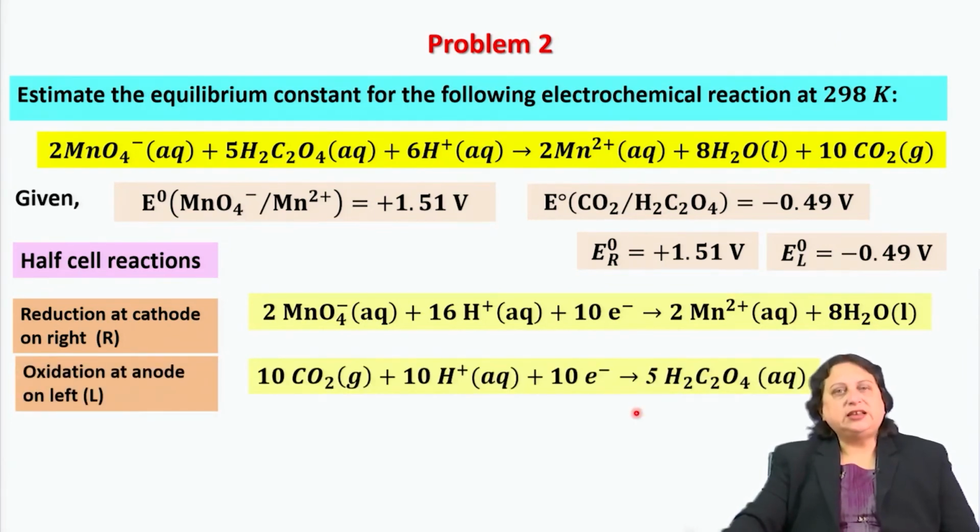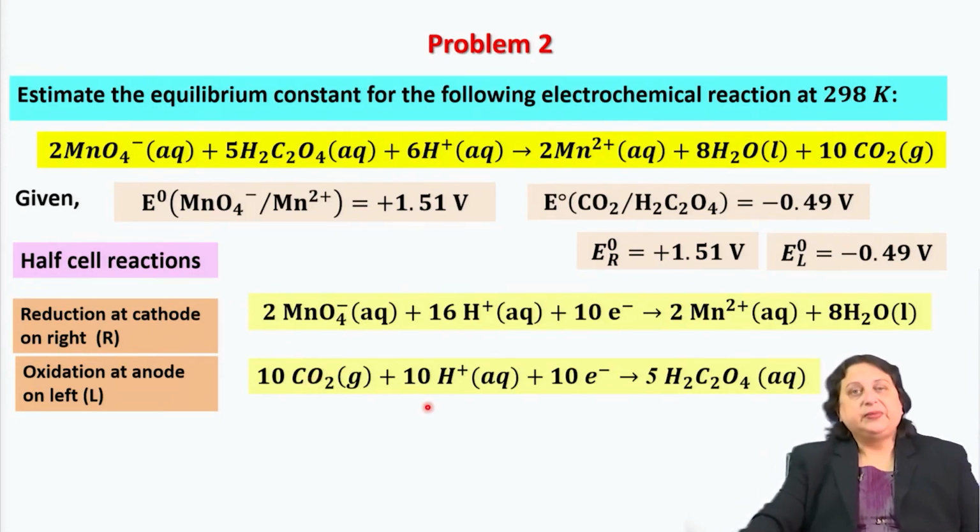Similarly, the oxidation at anode now involves 10 moles of carbon dioxide gas. Actually, this is a reduction reaction that I am showing, with 10 moles of H plus ion taking 10 moles of electron to produce 5 moles of oxalic acid.